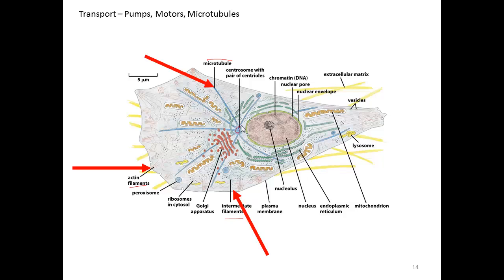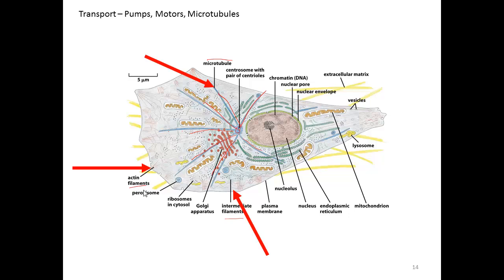These are the roads of the cell, and they extend radially from a centrosome, and if something produced near the center of the cell needs to get to the outside of the cell, and it doesn't want to rely on diffusion, a motor protein will attach to the cargo and essentially walk the cargo out to the periphery of the cell.